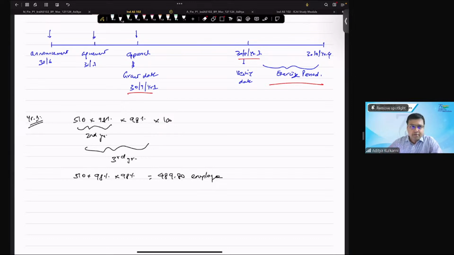Yes, sir. अभी एम्प्लॉय आधा आधा फ्रैक्शन में तो नहीं रहेगा ना. So we will round it off to 490 employees. This multiplied by 100, 49,000 options. Are we okay with this? Yes.